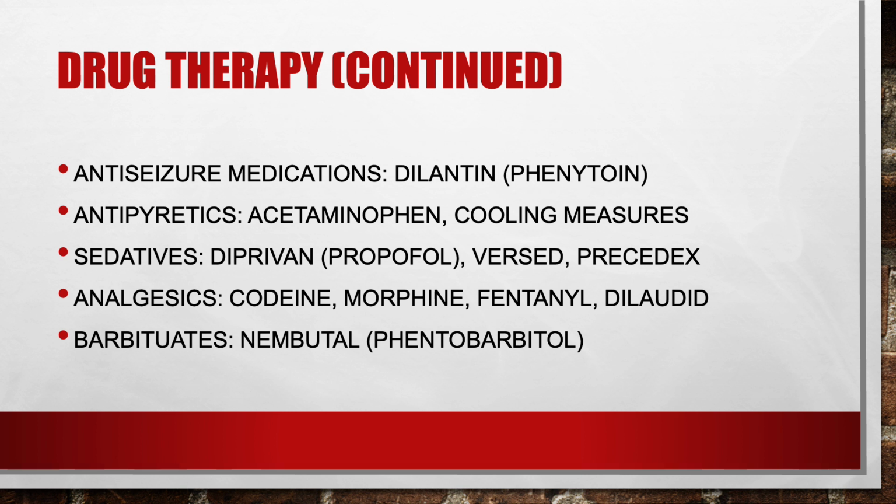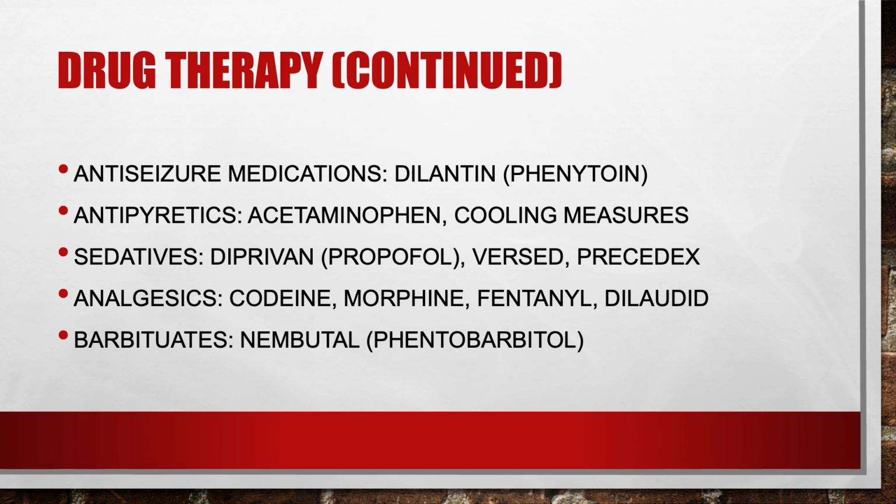So more drug therapy that we can provide. And just think about the metabolic demands that increase intracranial pressure. So agitation, shivering, and seizures, okay? And pretty much these medications can help with the prevention or reducing of the ICP. And we can start them prophylactically on an anti-seizure medication like Dilantin.